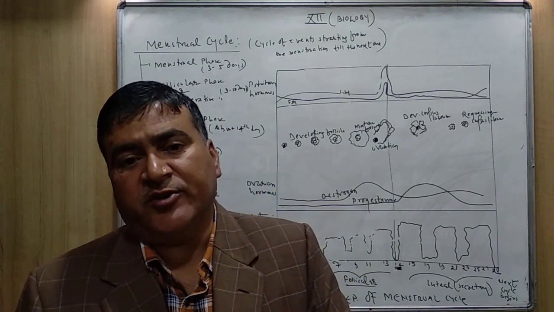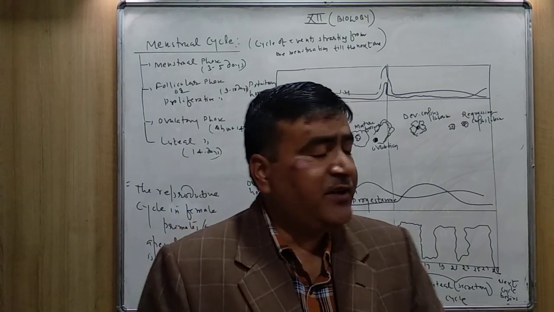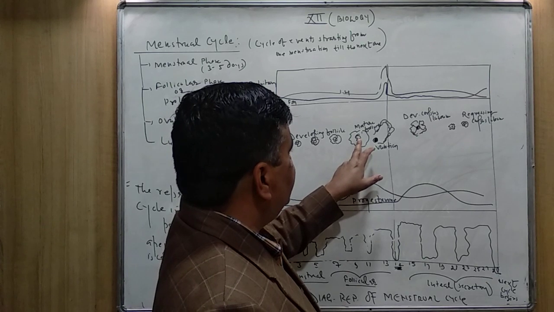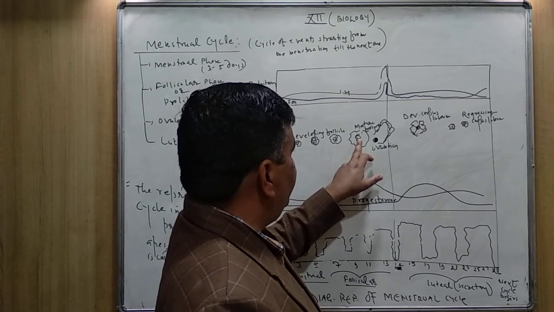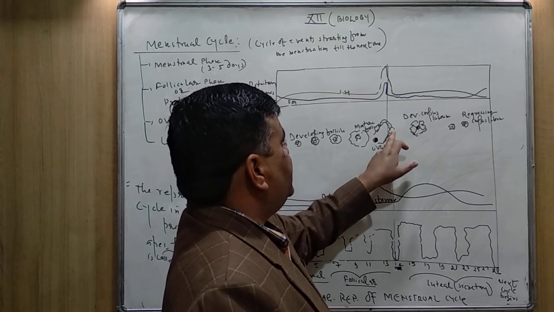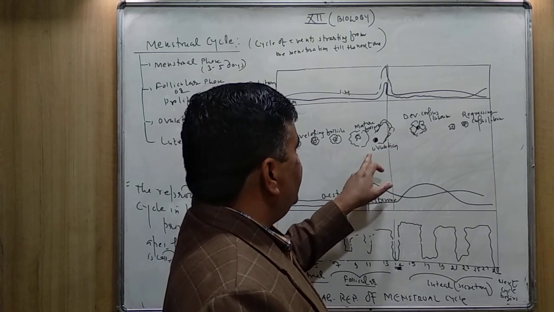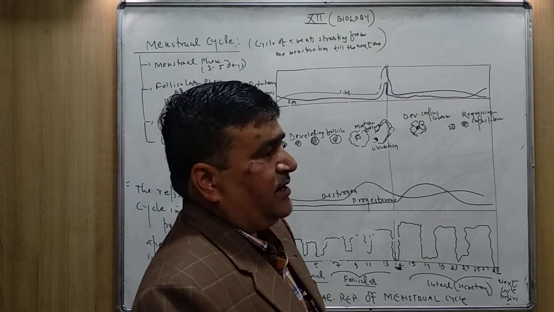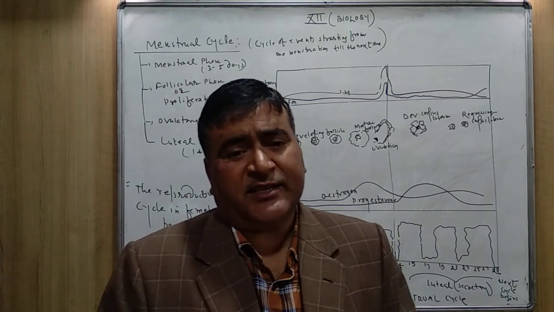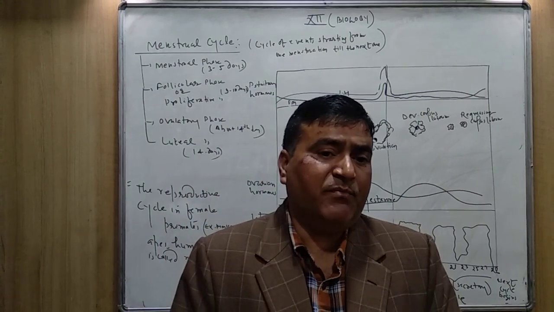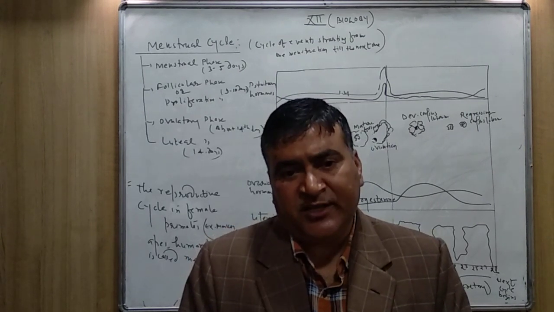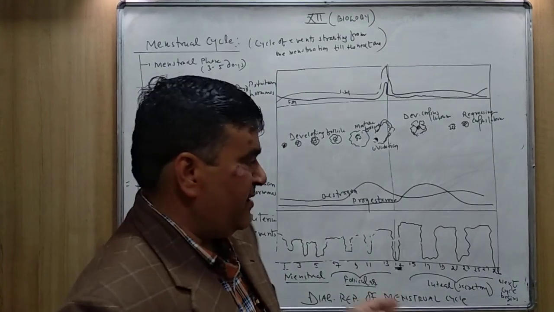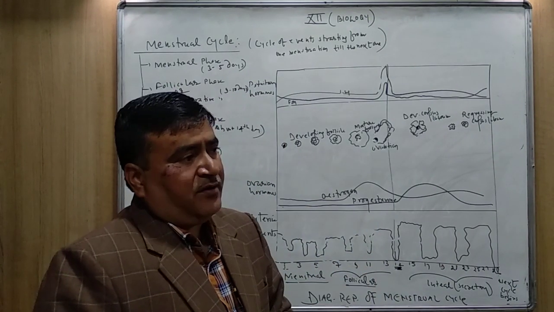During the ovulatory phase, the Graafian mature follicle containing the ovum or secondary oocyte is ruptured to release the ovum. This is the ovum, and the process of ovulation takes place. Normally it takes place in the mid of menstrual cycle on the 14th day, but 1 or 2 days may vary, but generally it happens in the mid of menstrual cycle.